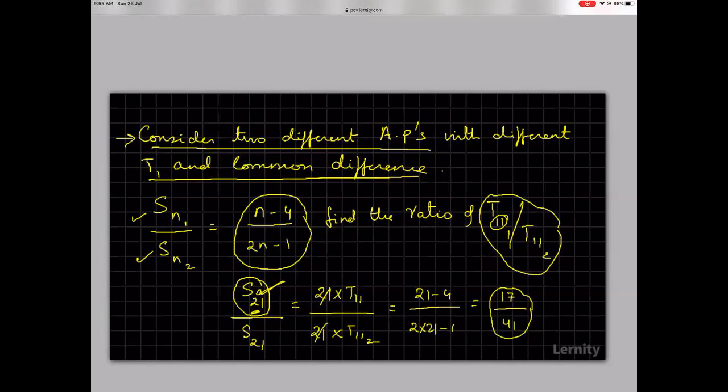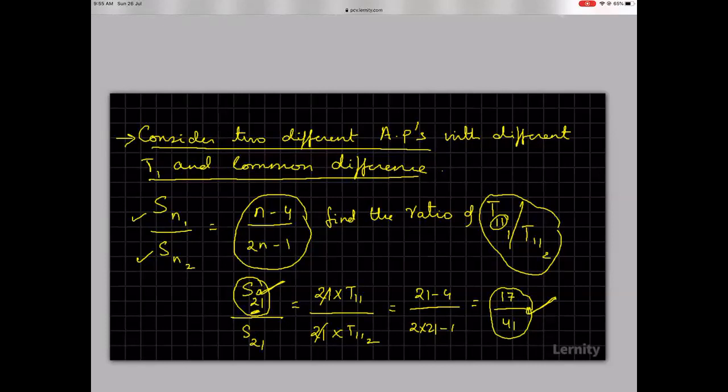Do you get it? I am thinking about how many terms an AP should have so that T11 becomes the middle term. If there are 21 terms totally, T11 will be the middle term. So the sum of 21 terms will look like 21 into T11, right?